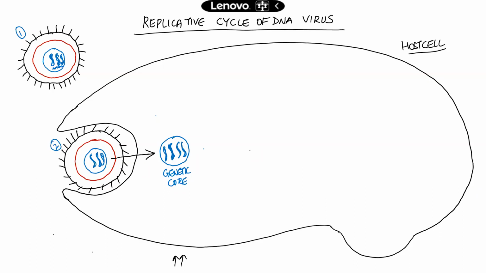Now from the cytoplasm, this particular genetic core goes into the host cell nuclear site. Okay, so this is what happens.